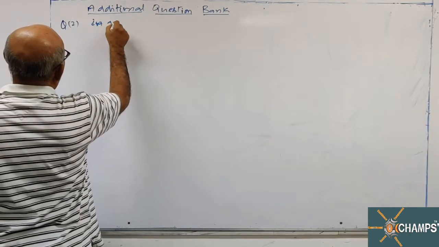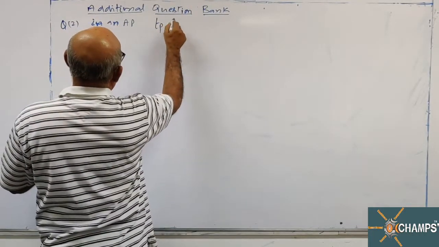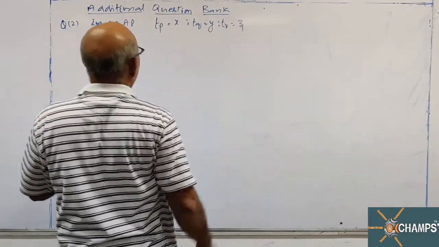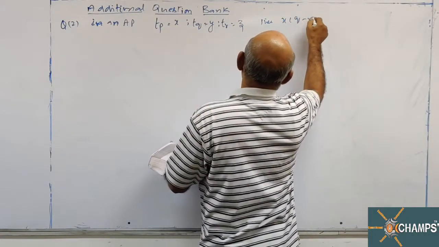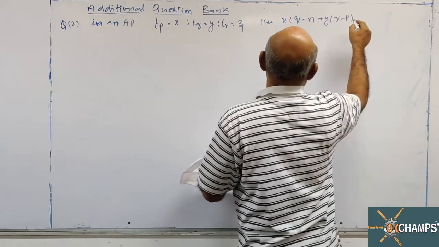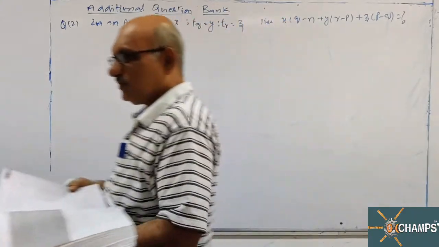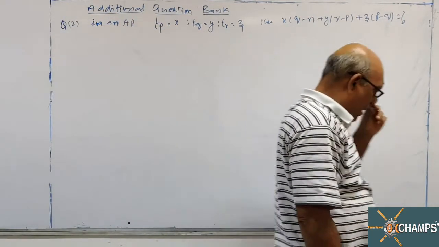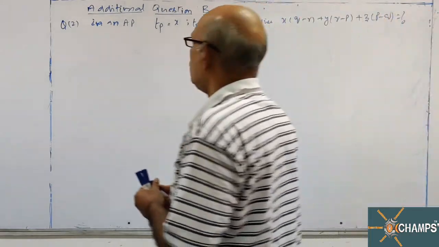In an AP, TP is equal to X, TQ is equal to Y, TR is equal to Z. Then X into Q minus R plus Y into R minus P plus Z into P minus Q is?